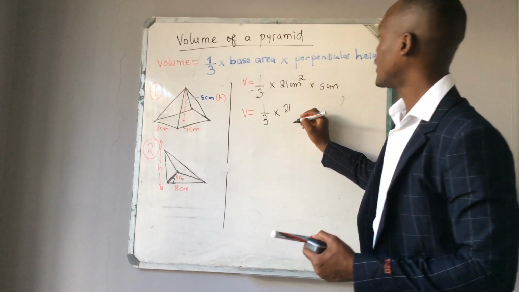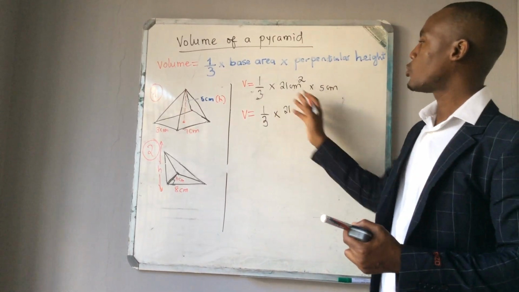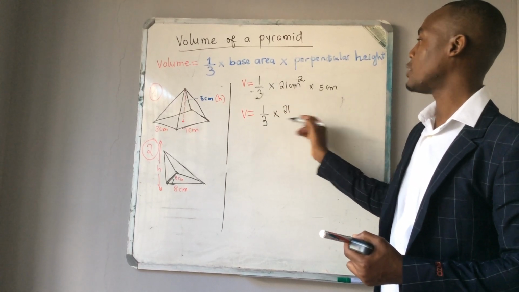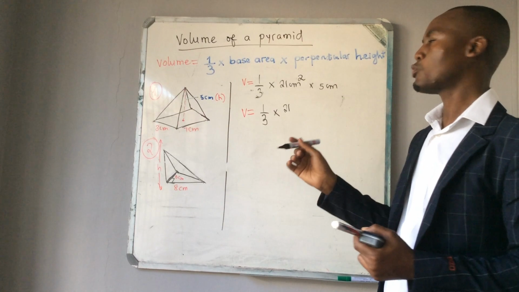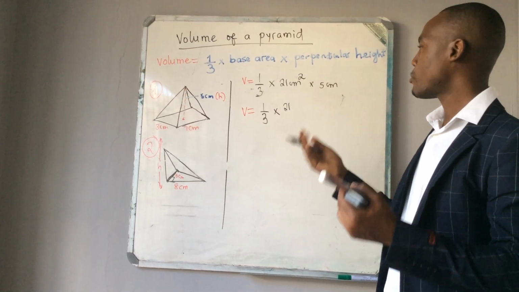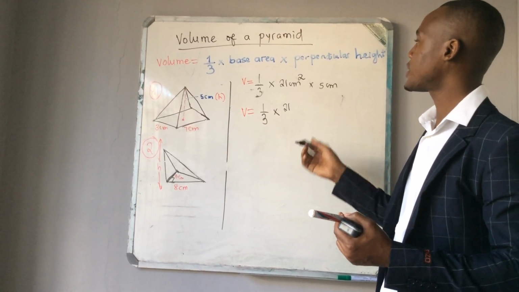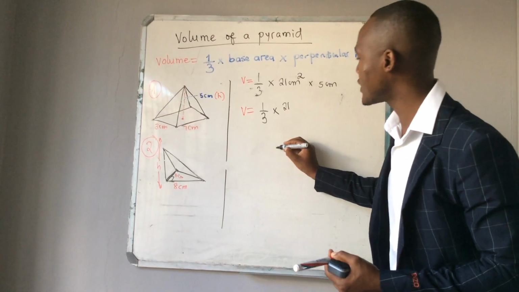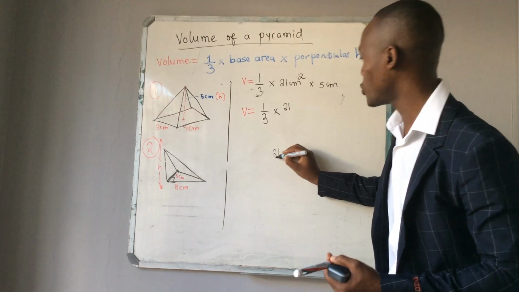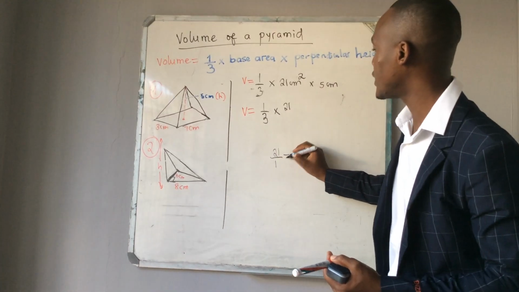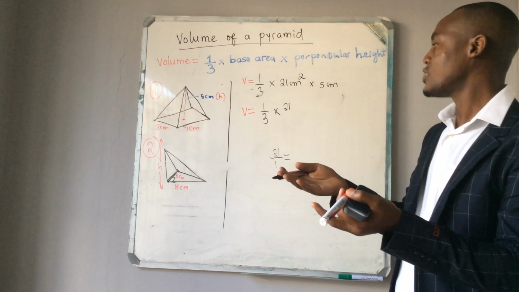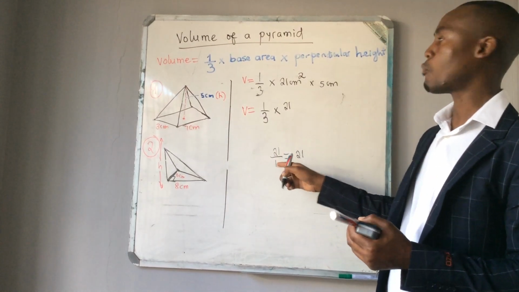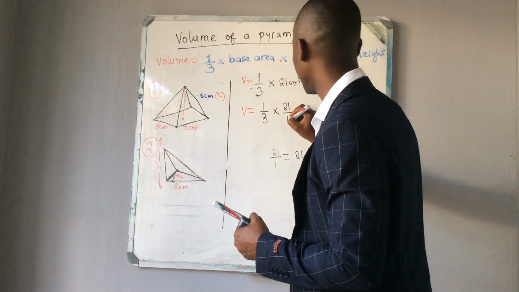Because we have a fraction and a whole number, we need to assume, in mathematical terms, that any number can be described as a fractional number. If we've got 21, it's the same as having 21 apples which you are dividing among one child. If 21 apples are given to one child, it's just 21. So writing 21 and 21 over 1 is the same thing. So we can write here 21 over 1.